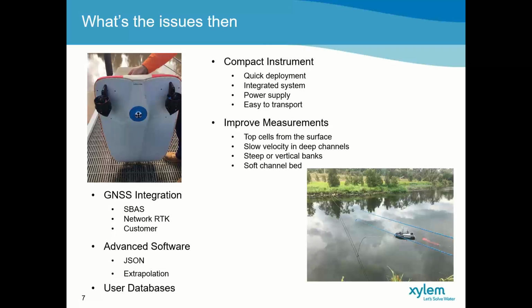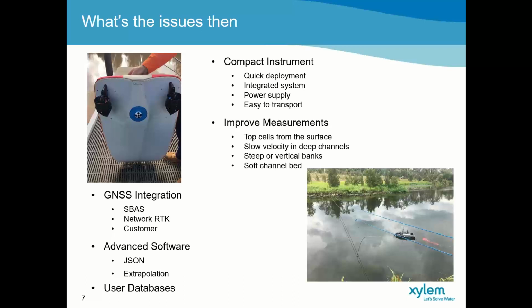Further improvements on measurements. We all know acoustic instruments do measure very accurately, but there are always improvements. In the case with especially focusing on the top surface cells in the channel itself, the first couple of cells towards the water surface, try to improve the measurement accuracy on that.